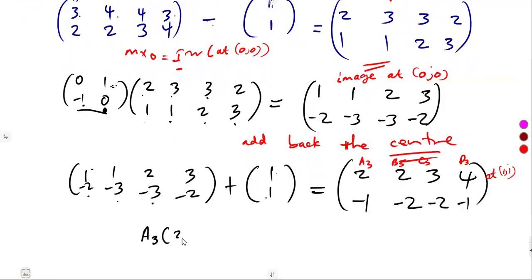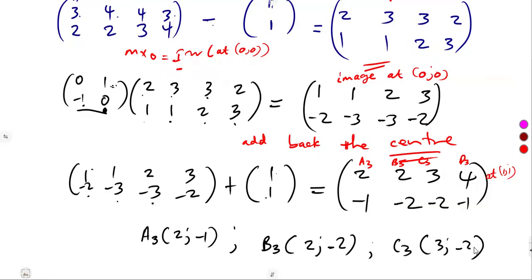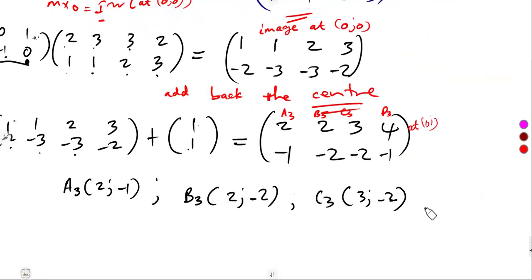A3, which is what? 2, negative 1, followed by B3, which is 2, negative 2, followed by C3, which is 3, negative 2. And the last one, which is D3, which is 4, negative 1.